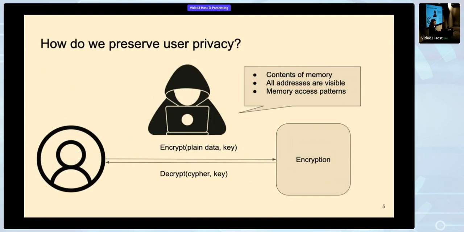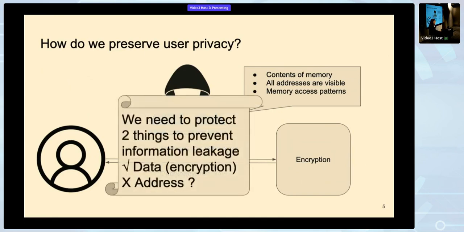All of the addresses are visible to the attacker, and the attacker can also view the memory access patterns. What do we mean by this? It's a sequence of reads and writes to the remote server, with data if you're writing to it.